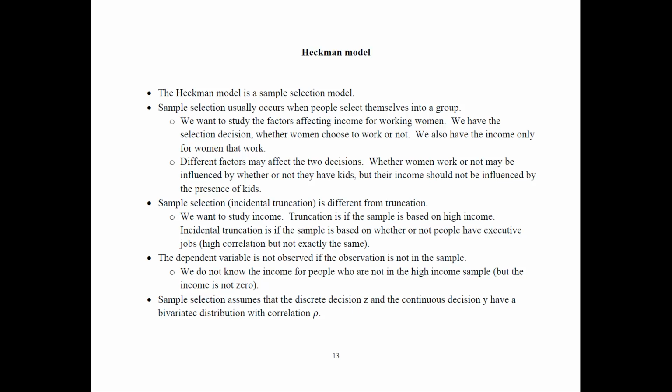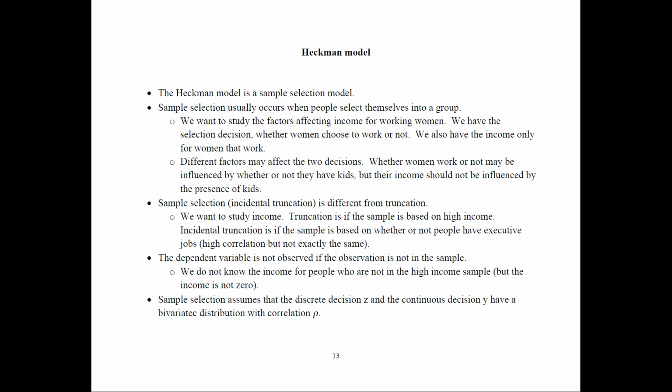This sample selection that we talked about is also called incidental truncation, and it is different from the truncation that we talked about a few slides ago. What we had before is that the truncation is usually at a given value, like 0 or something like that. But here that's not necessarily the case. Suppose we want to study income, and the truncation would be if the sample is based on high income.